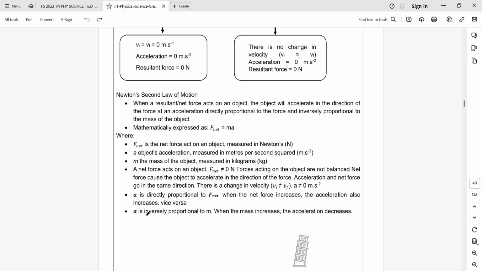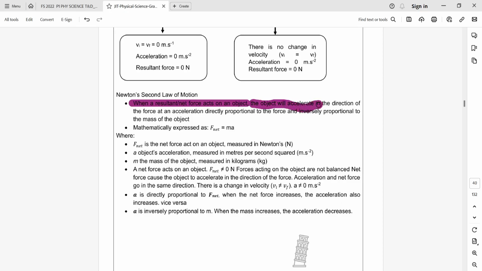Newton's second law of motion states as follows: when a resultant force or the net force acts on an object, the object will accelerate.